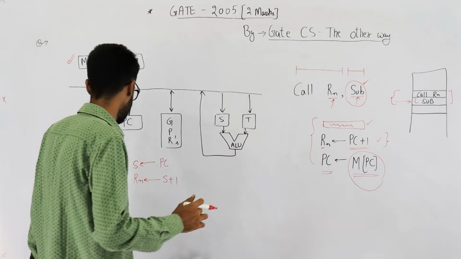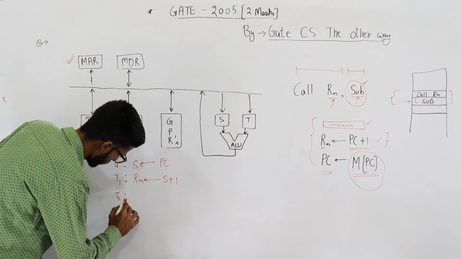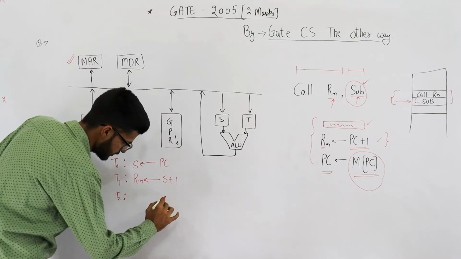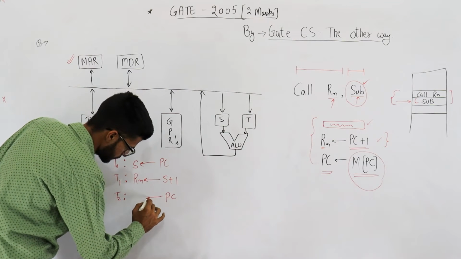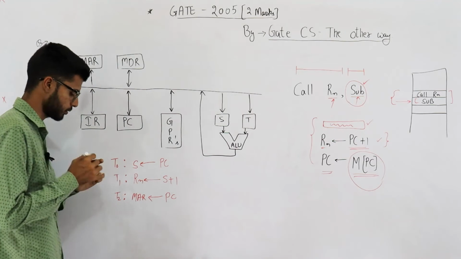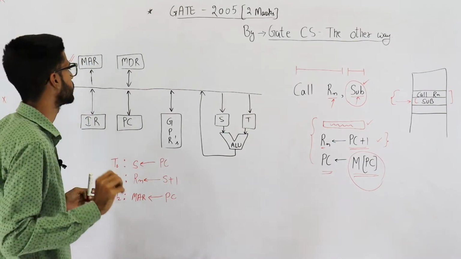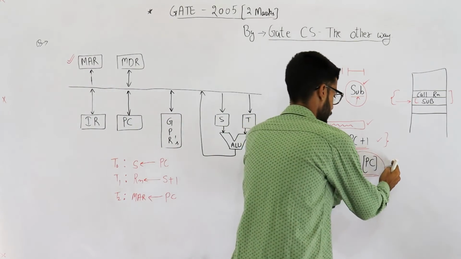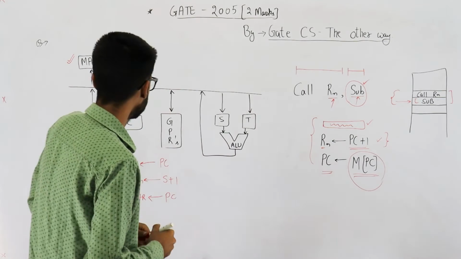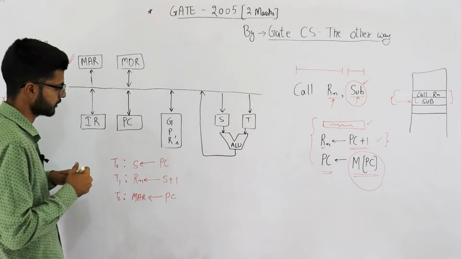So step 1 for accessing the memory must be saving the value of PC into the memory address register. Now PC's value is saved here. That means memory can be accessed at this location, PC. Then we need to read from memory at this location.